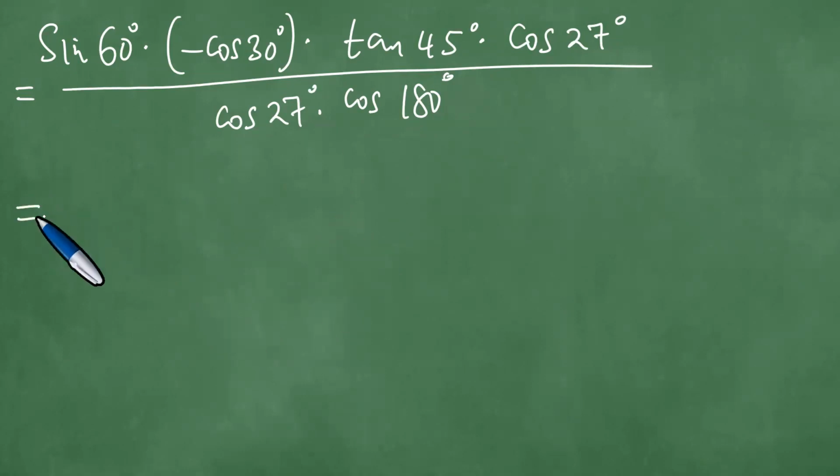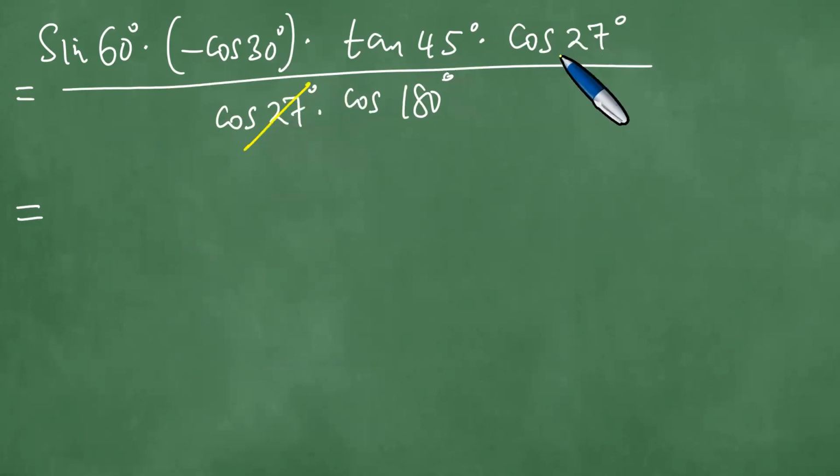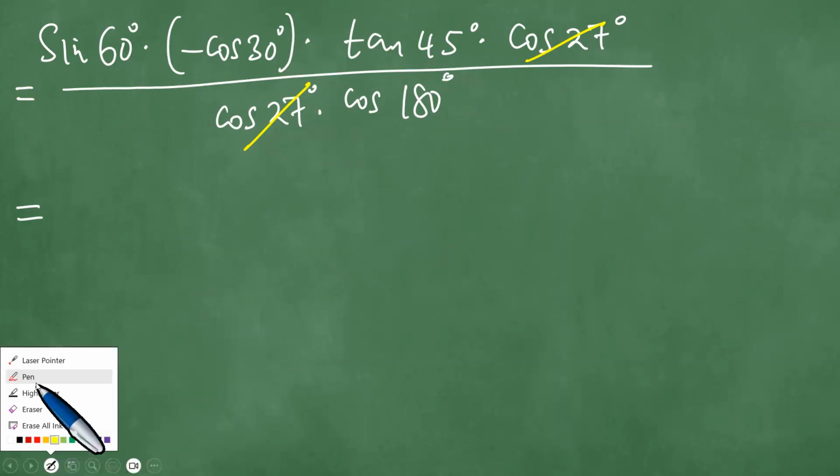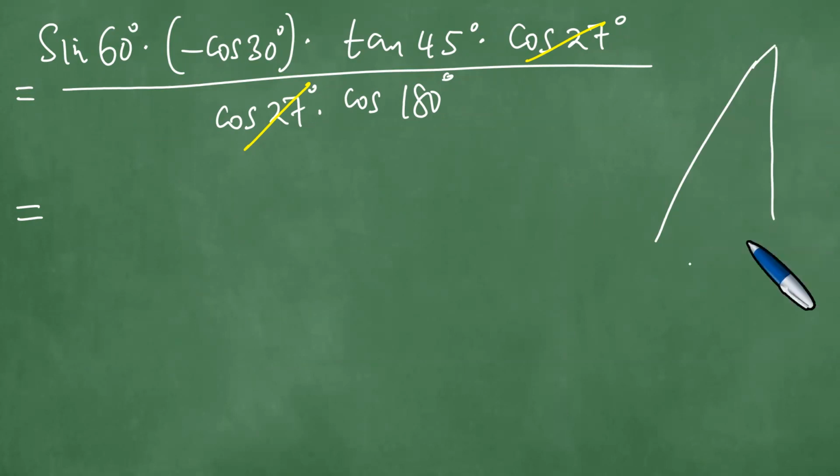Okay, so now let's check this. Sine 60. What is sine 60? Okay, you have the special triangles here.